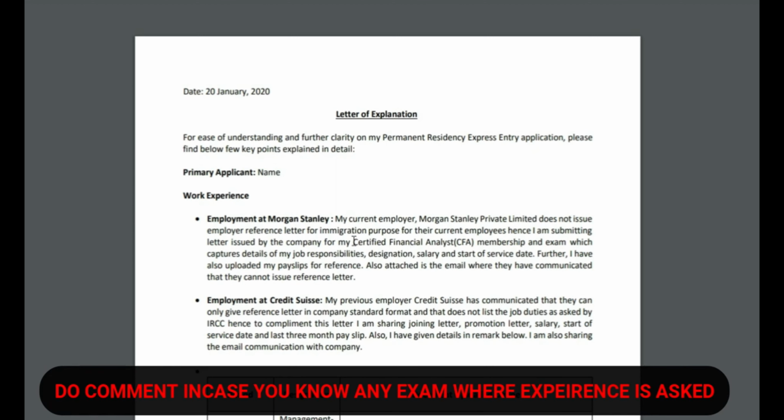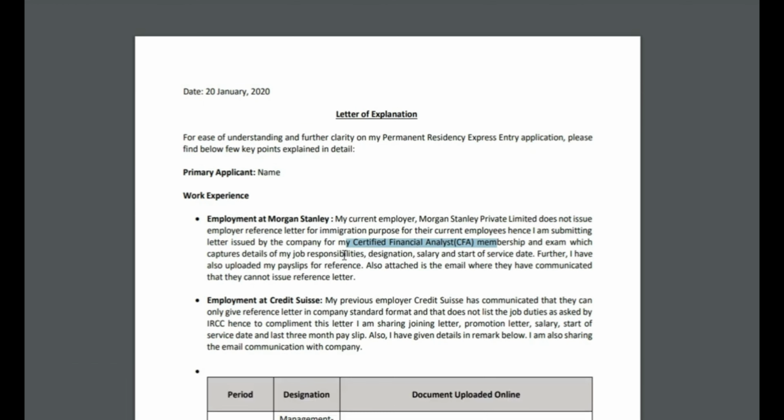So my wife used this certificate instead of the reference letter from the company, which captures details of my job responsibility, designation, salary and start of service date. Further, I have also uploaded my payslip for reference. Also attached is the email where they have communicated that they cannot issue a reference letter. So you see, my wife had made a communication with the company.